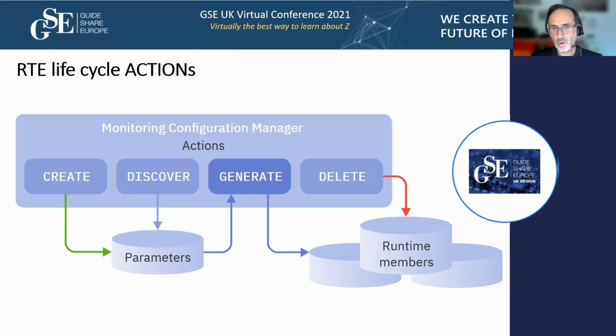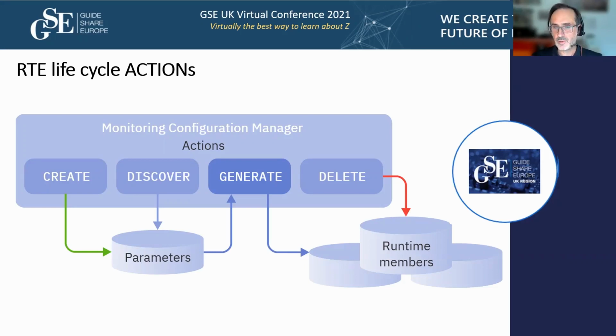The core of the RTE generation or creation is the generate action. Generate does allocate all the RTE data sets. It produces the runtime configuration members in ARC and PARU and such. It does USS related operations. It links the classic security exits and so forth.